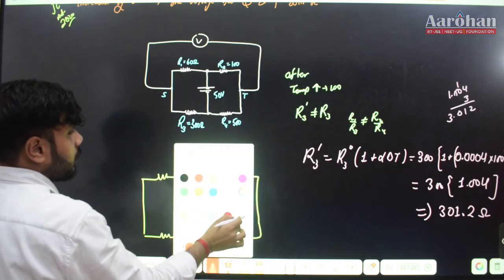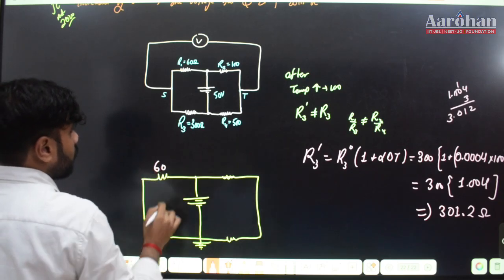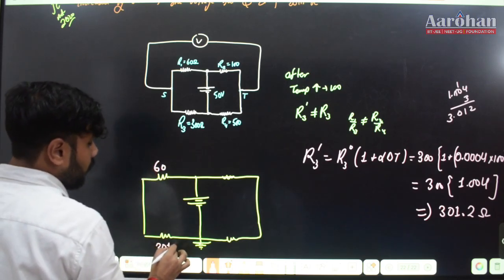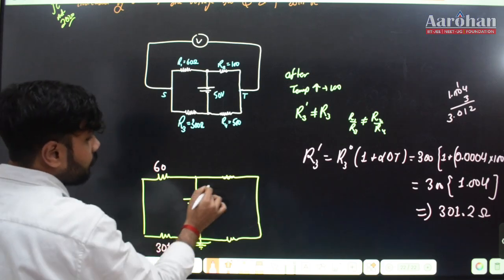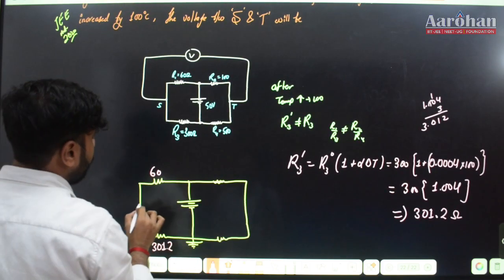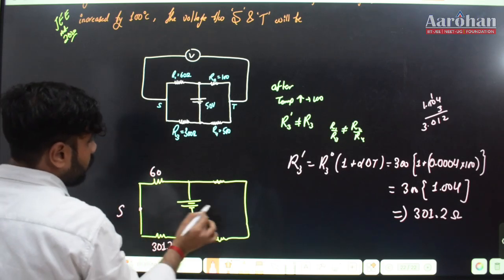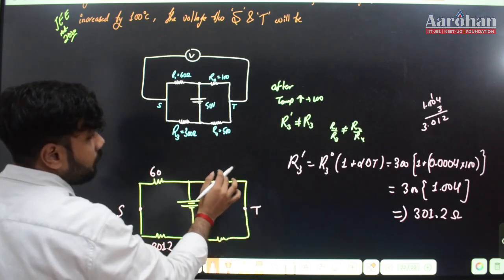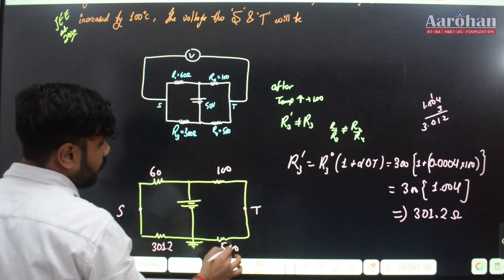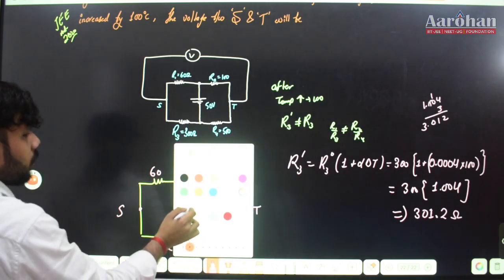Okay, so what was this resistance? 60. This will be 301.2. This one is what they ask, the potential difference. So this is your S, this is your T, and this is your 100, this is your 500. Now you can simply do this question.